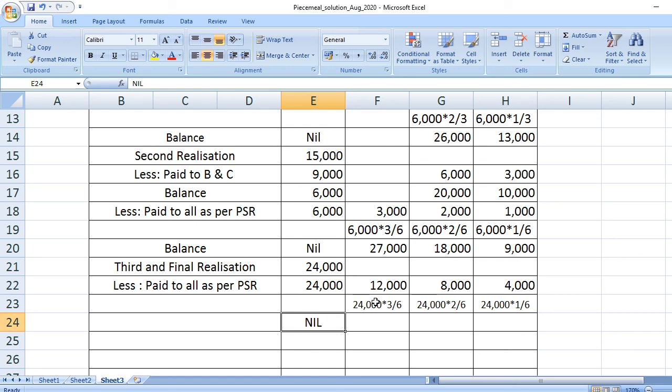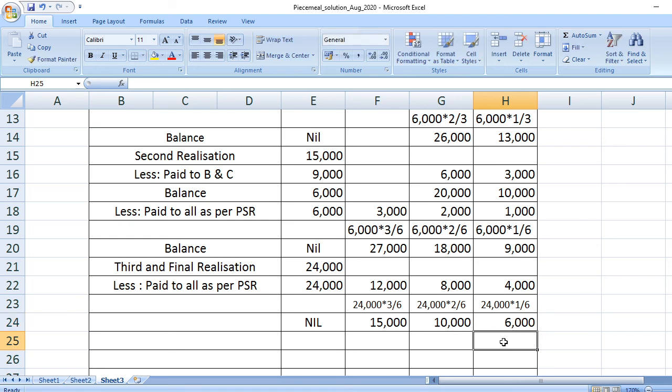The rest of the value is rupees 15,000. 18,000 minus 8,000, rest of the value 10,000. 9,000 minus 4,000, rest of the value 6,000.